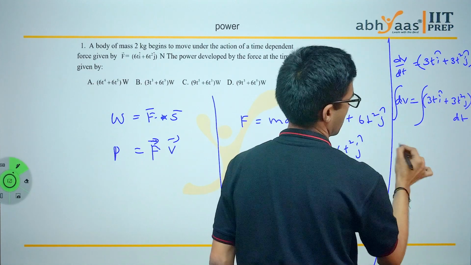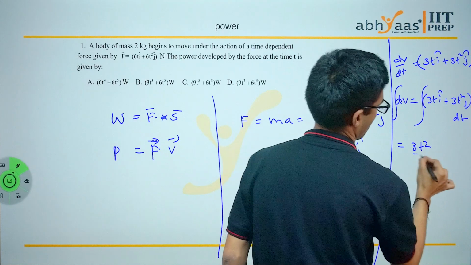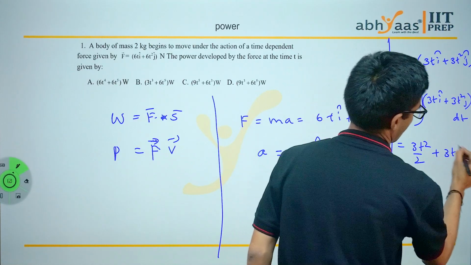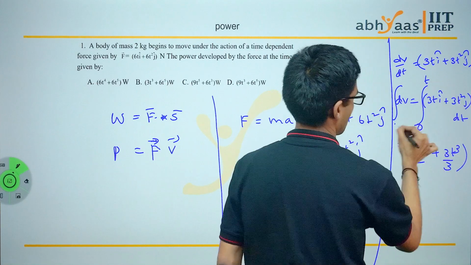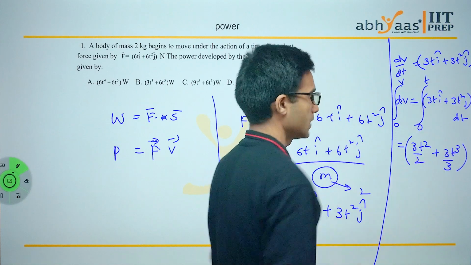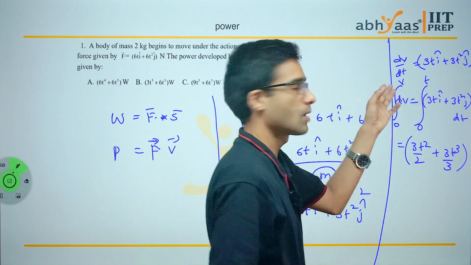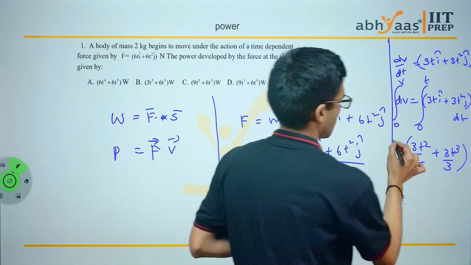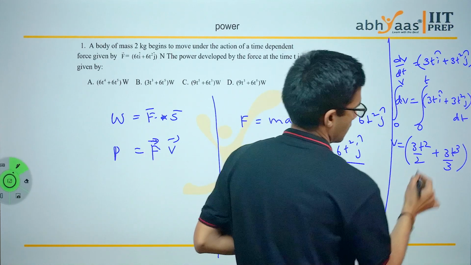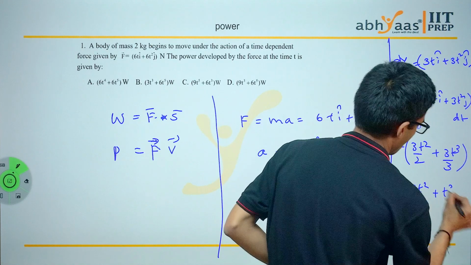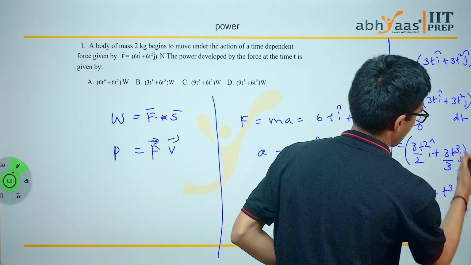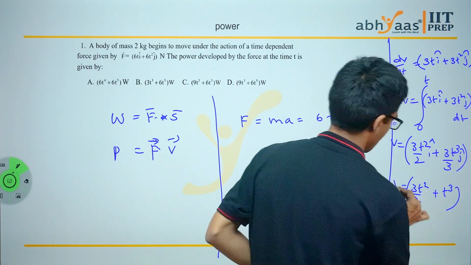If you apply integration, you get 3t square by 2 plus 3t cube by 3 from the limits 0 to t, 0 to v. At time 0, velocity 0, and at time t, velocity is v. So v minus 0, v you will get: 3t square by 2 plus t cube, i cap is there, j cap is there. This is the velocity, v bar.